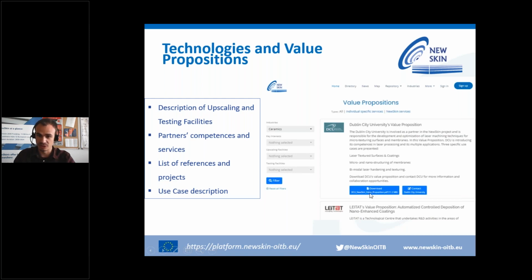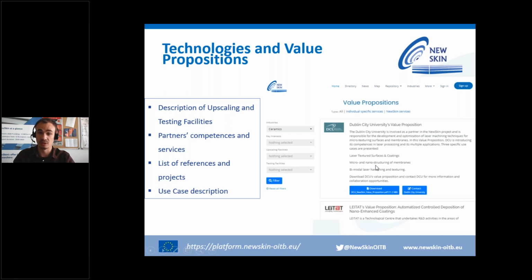And you can download here in the bottom the value proposition as a PDF, and you can then study this PDF to analyze to what extent you can cooperate with one of the partners and use one of the NewSkin facilities. And on the right side, you have a contact item that you can use to contact the partner directly on the NewSkin platform.